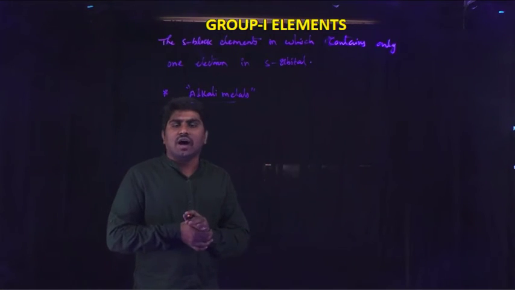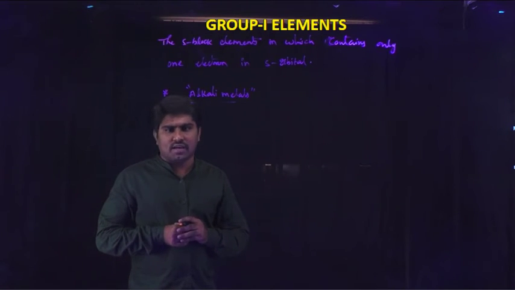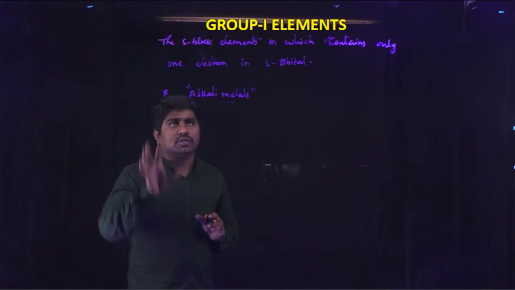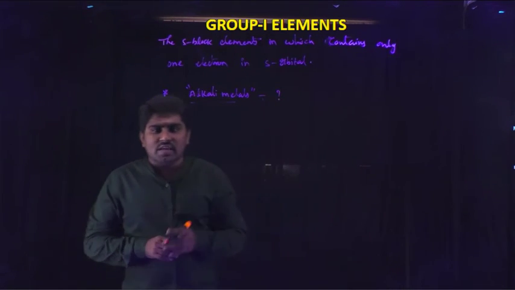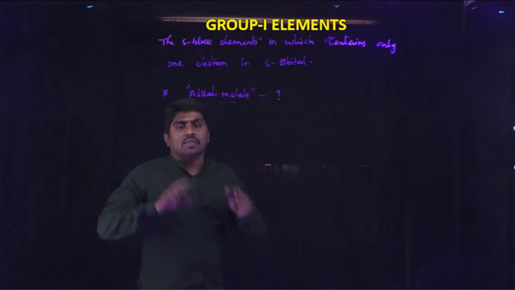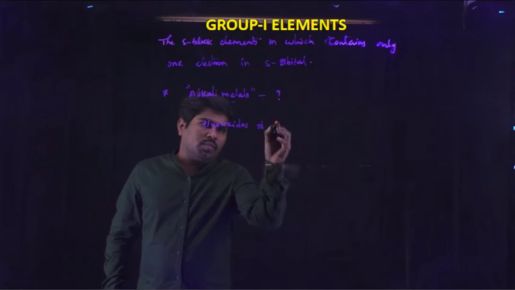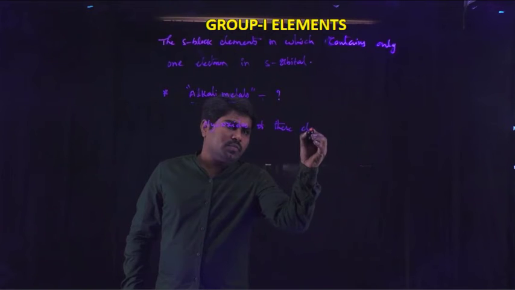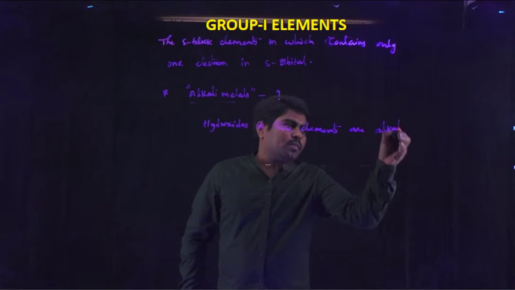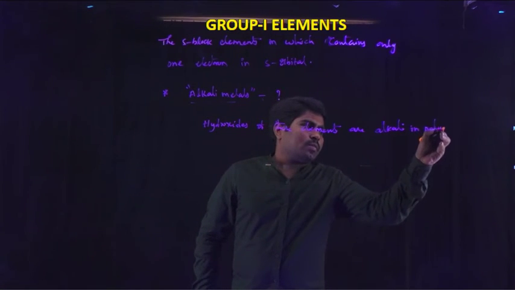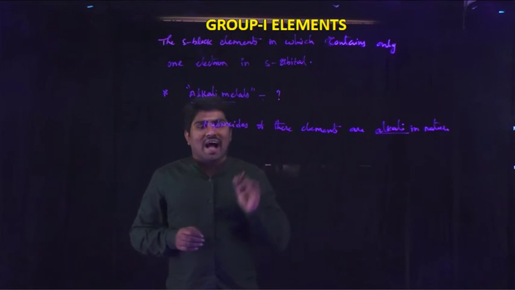Why are these called alkali metals? Generally, s block elements are all metals. Group 1 elements are called alkali metals because the hydroxides of these elements are alkali in nature.